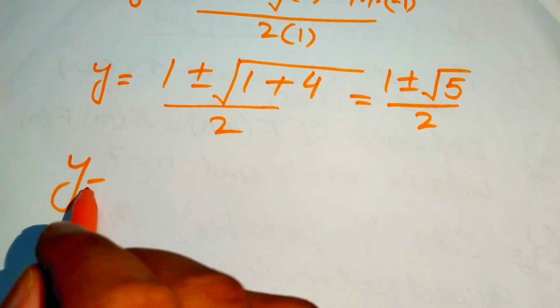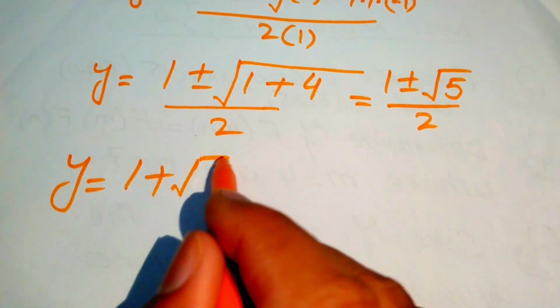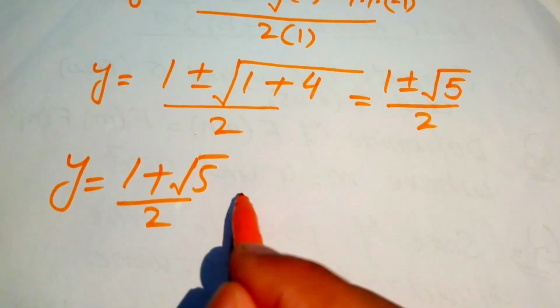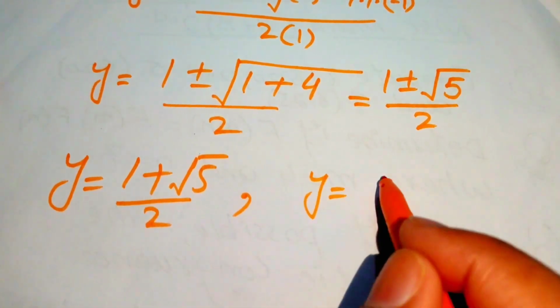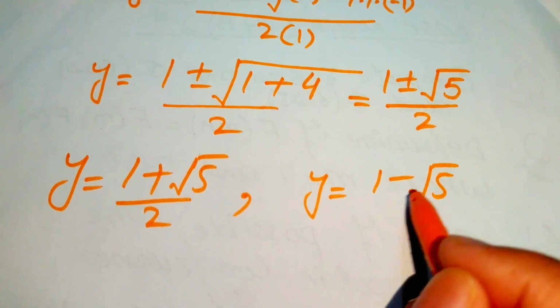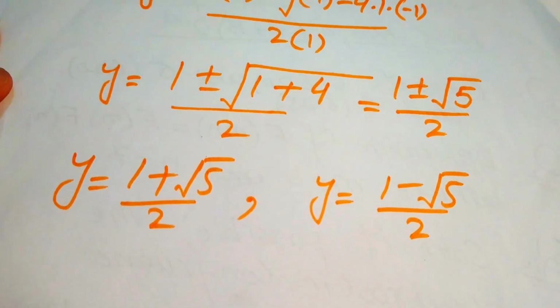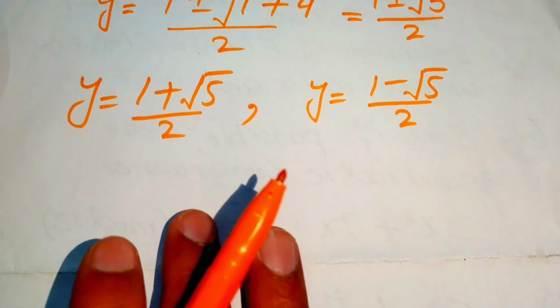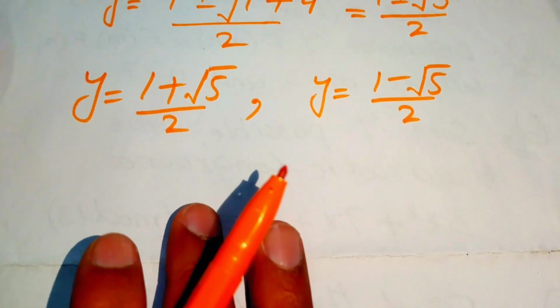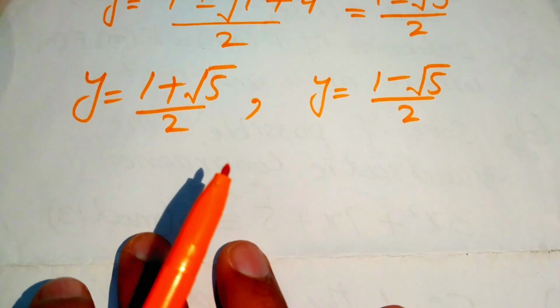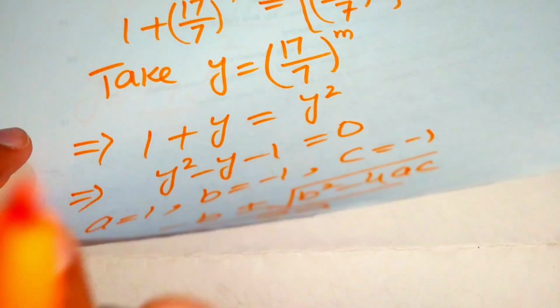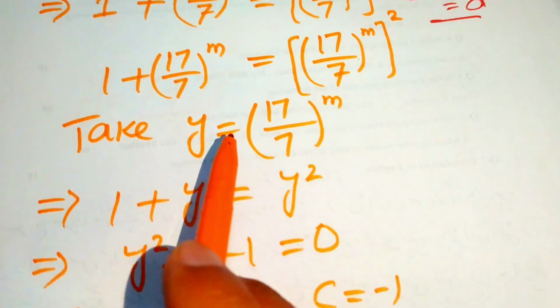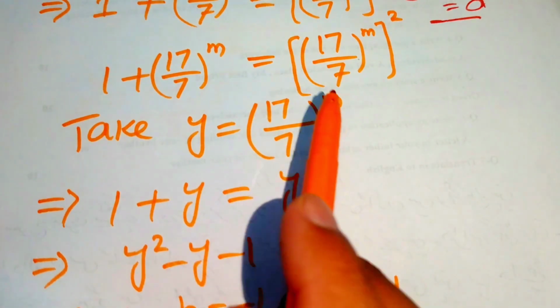So first we write the positive value, it is 1 plus square root 5 over 2, and now we write here the negative value, which is 1 minus square root of 5 over 2. So we have these two cases, and now in both of these cases we substitute back the value of y, and you see here we have our y equals to 17 over 7 and its whole power m.